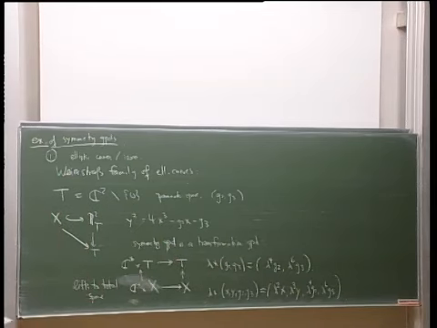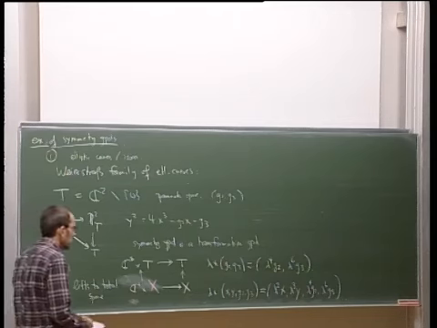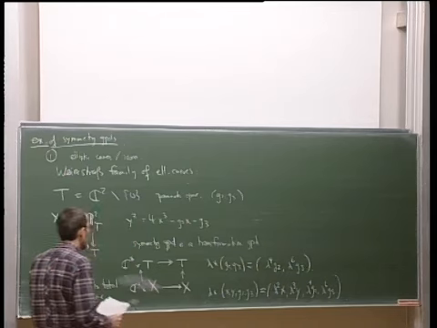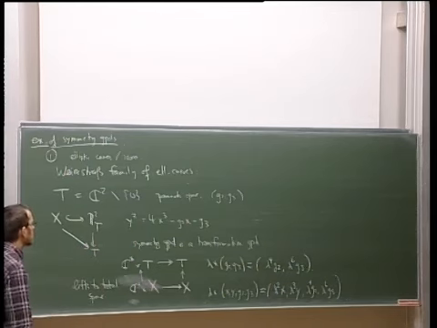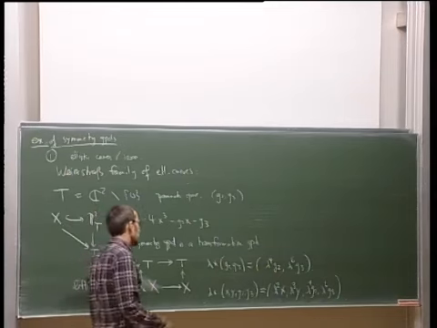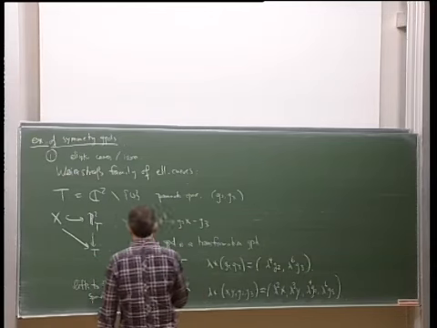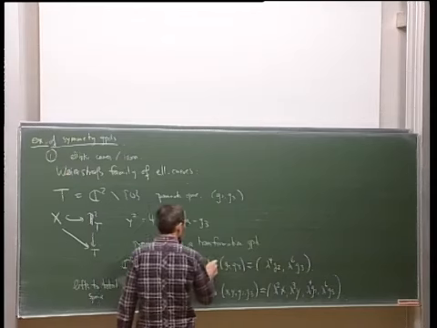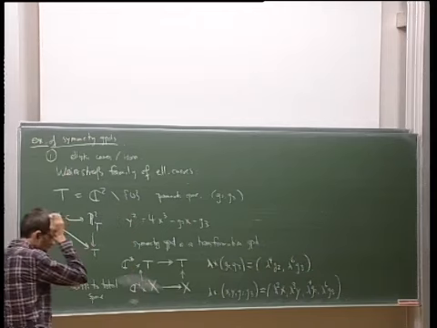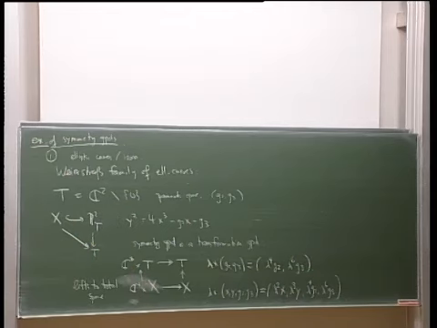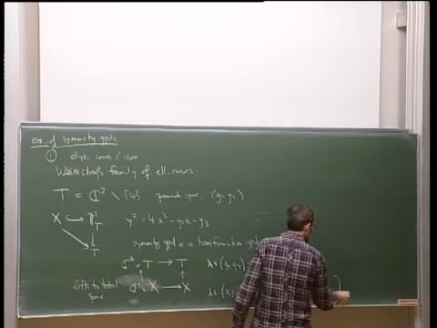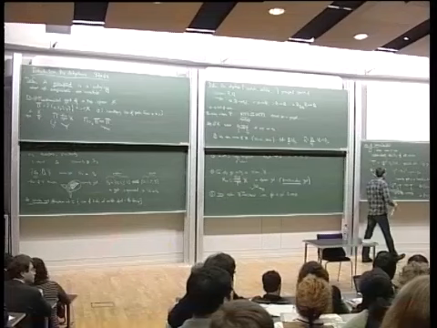So my claim is that every isomorphism of one elliptic curve in Weierstrass form with another one in Weierstrass form is given by a non-zero scalar lambda in C star. It's given by this formula here. You can convince yourself of this.